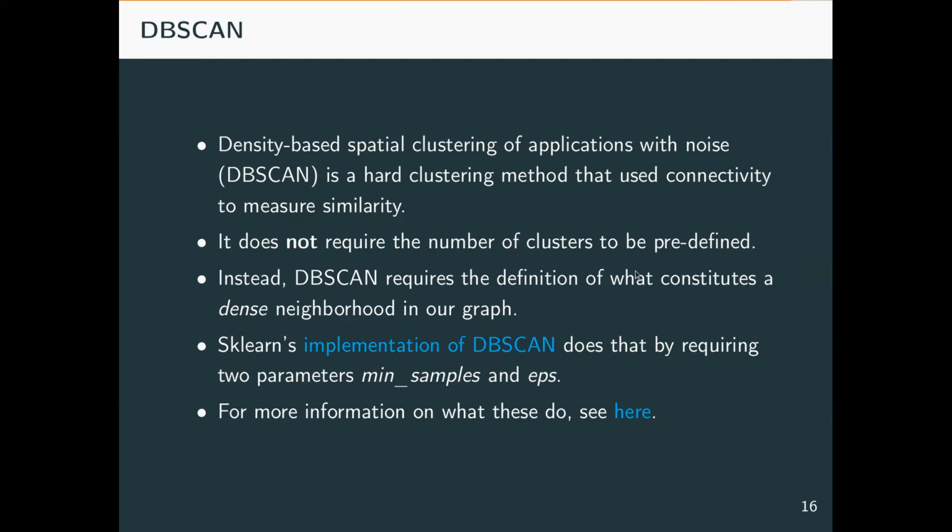This is not as simple as it sounds, maybe, but in scikit-learn they have found a pretty good way to do that. They define these two parameters, min_samples and the epsilon threshold. There is documentation in these two links I have here.